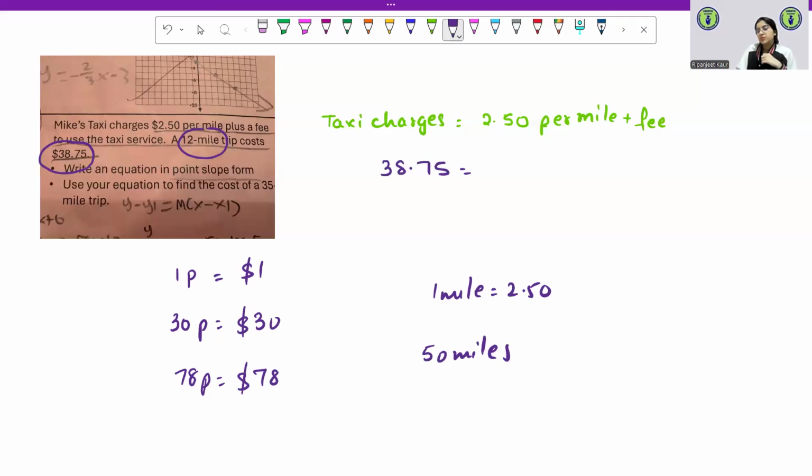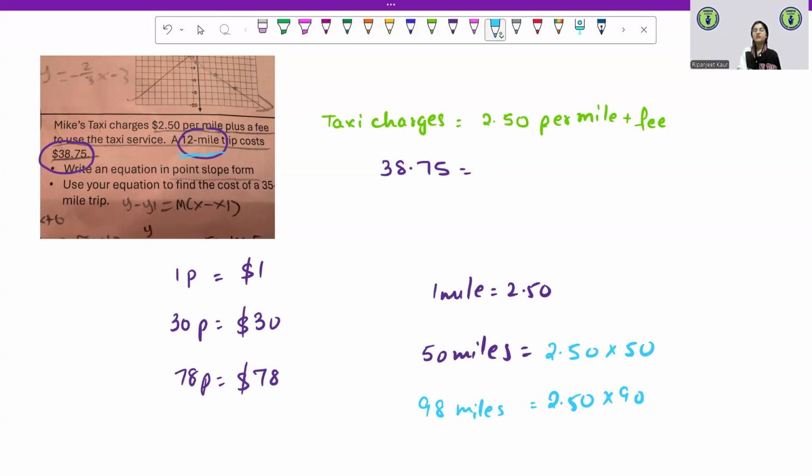I don't want the answer, just what will we do? 2.50 times 50. Yes. And if it is 98 miles, times 98. That's right. That's what we are asking here.